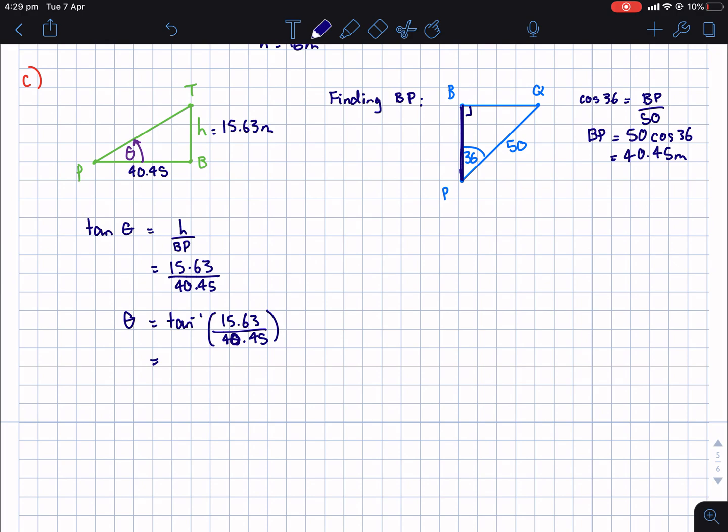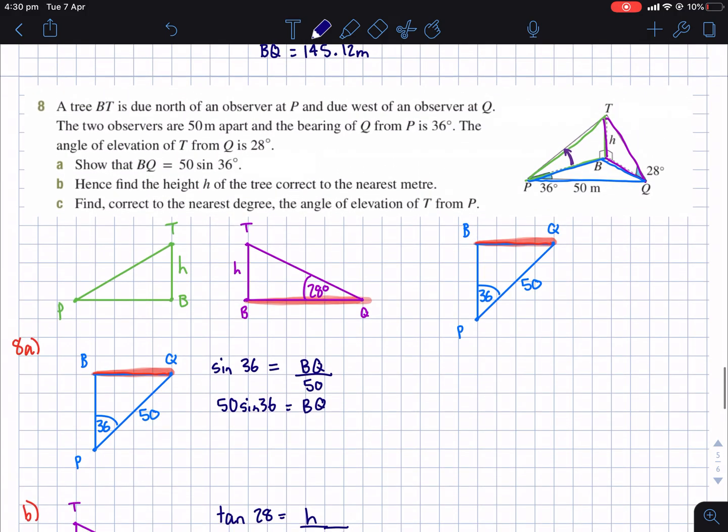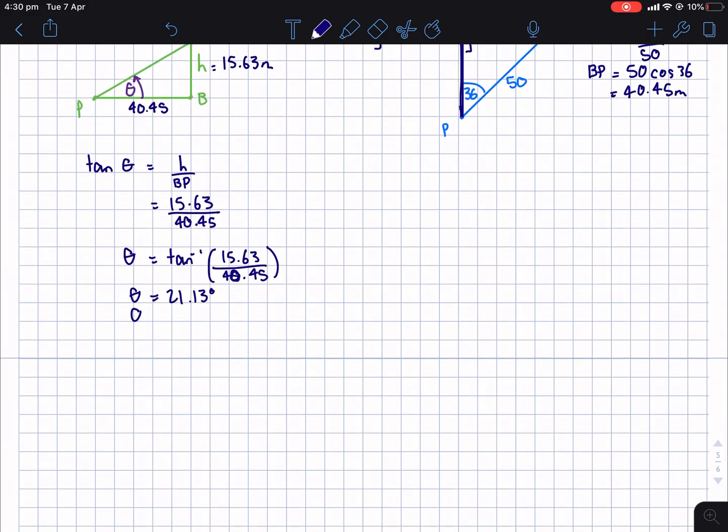See how many mistakes you can make? So we're going to go arctan 15.63 over, and the 40.45 was the last one I did, so I'm calling it answer. I get 21.13 degrees. Do they have anything special about this? To the nearest degree, we're going to round down. 21 degrees.